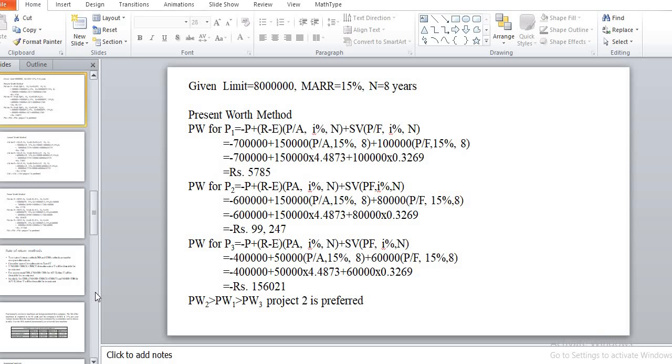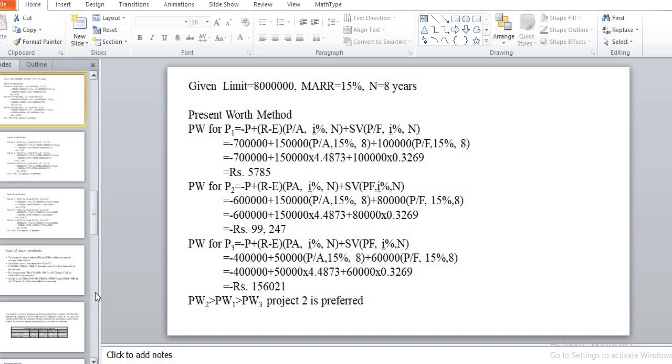And according to the method, present worth, future worth or annual worth, that particular factor, with consideration of the interest rate, is introduced to these elements: the investment, revenue generated and the salvage value.